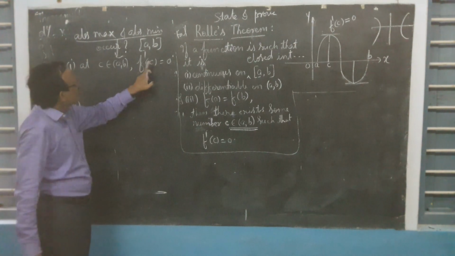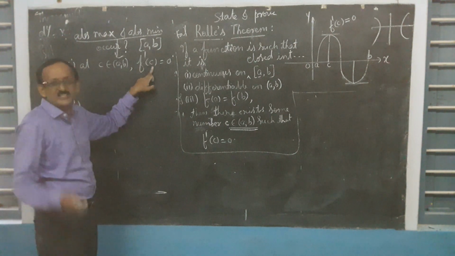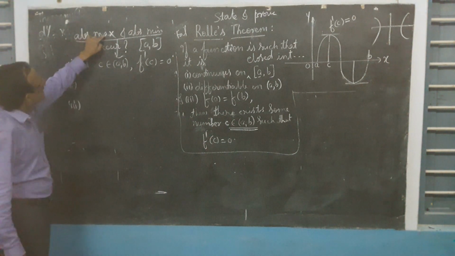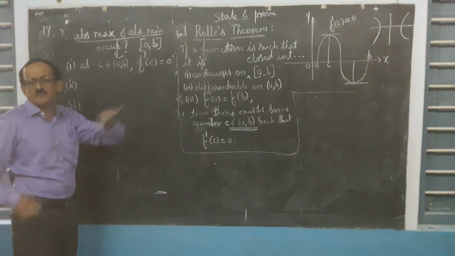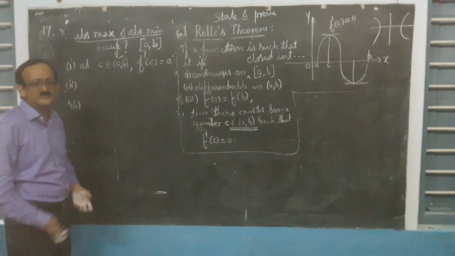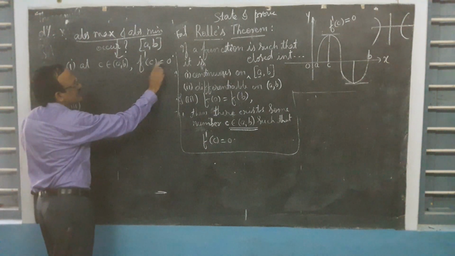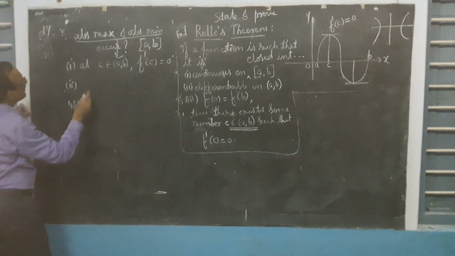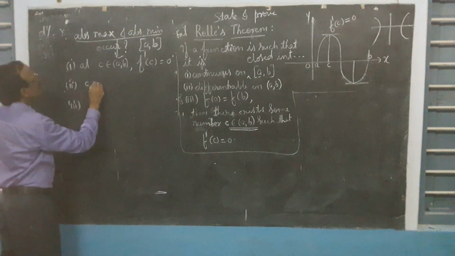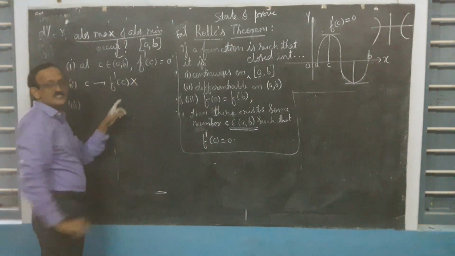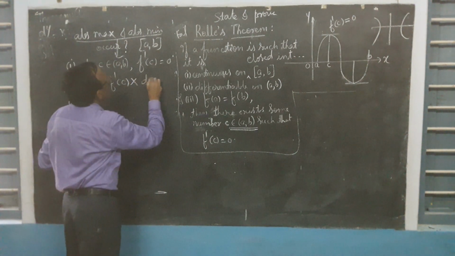Derivative is 0 means that c is a critical number. It may be at a critical point where f dash c is 0. The second possibility: it may be at a point c where f dash c does not exist. This is the other possibility for a critical number.